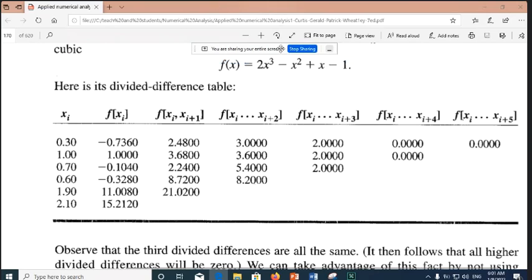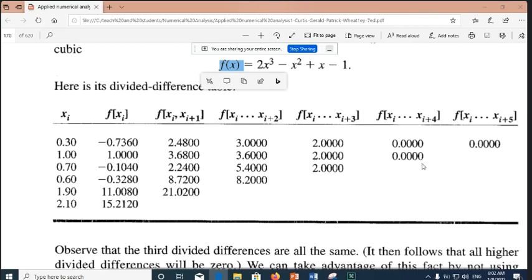And we want to reinterpolate, for example, the function f by these values of f, and we expect to get the same function. The first divided difference is in the third column, the second divided difference in the next column, and so on.